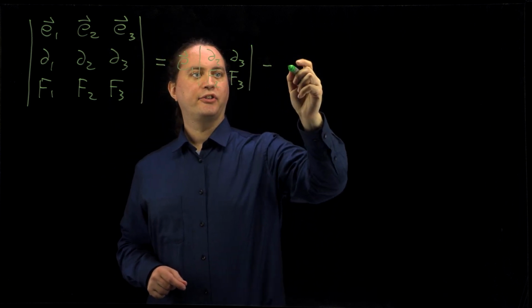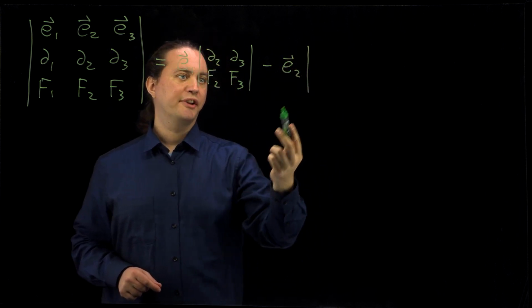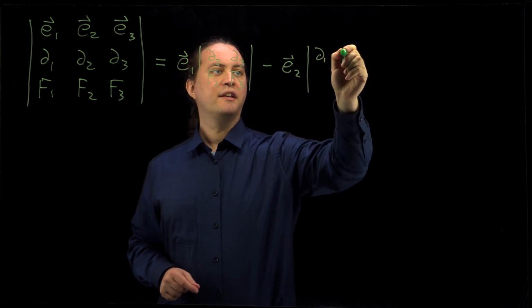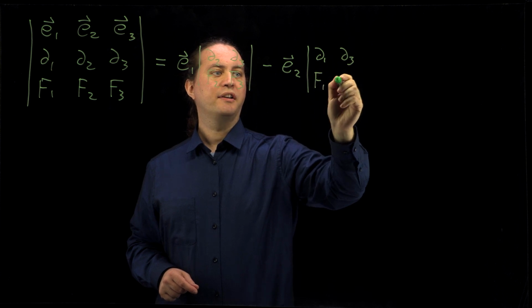And we get minus E2. There's the next component. Del1, del3, and F1, F3.